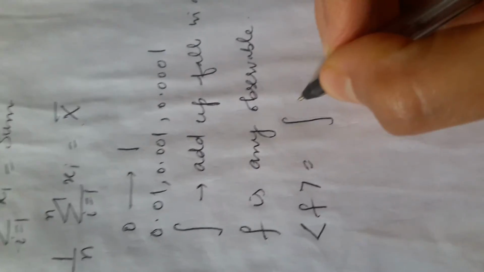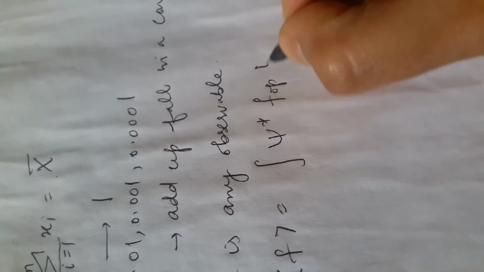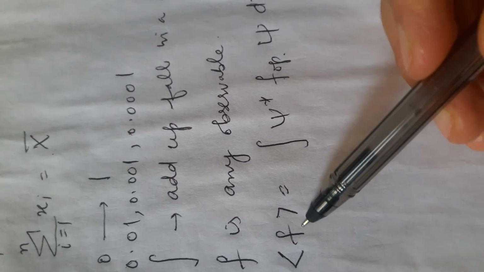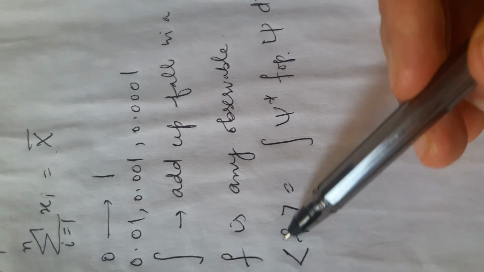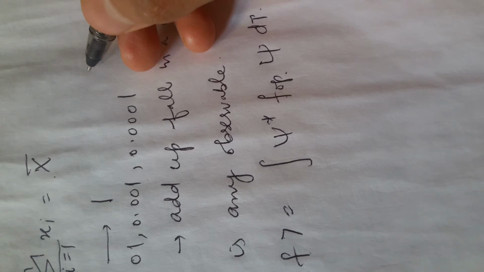The expectation value of f is equal to the integral of psi star, operator of f, psi d tau, where you have to remember that f_op is the operator corresponding to the observable f, and you have to put this f in braces of this kind and not of any kind like this or this.